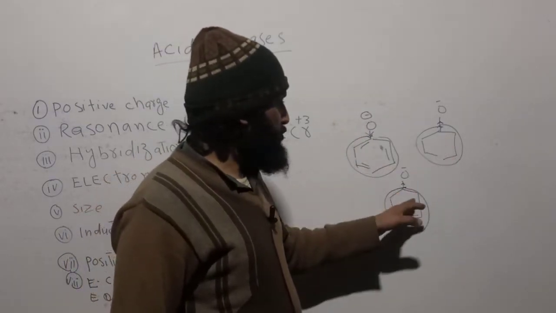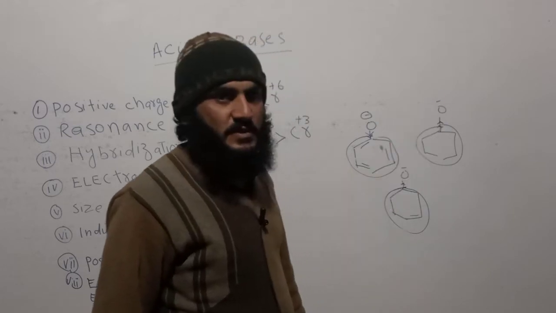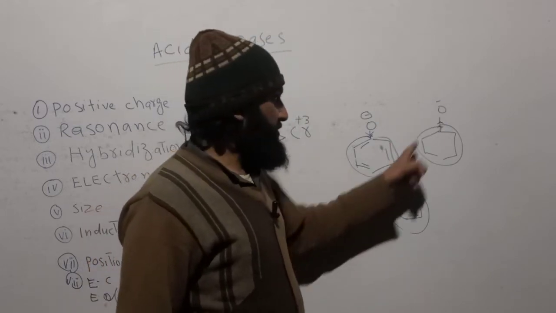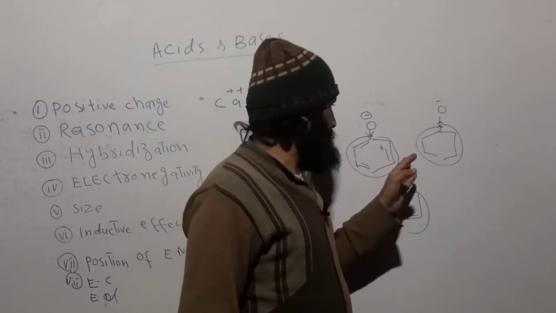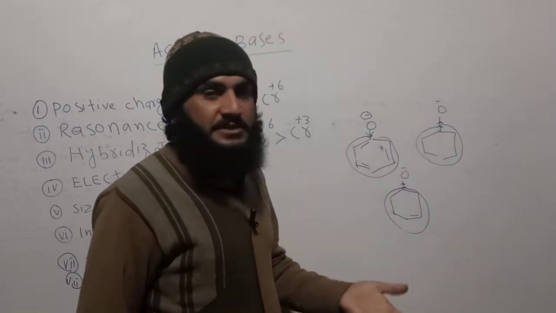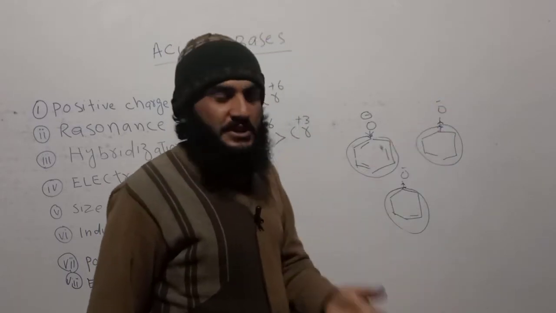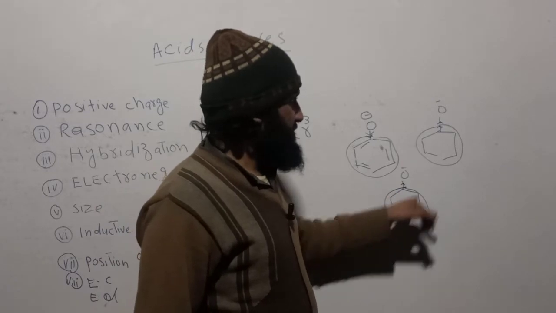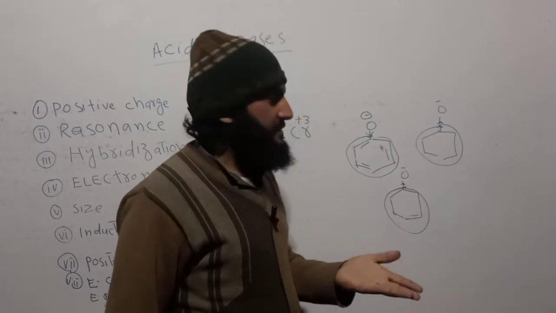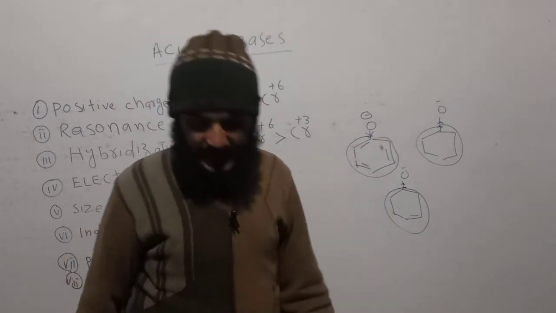So these two rings increase the electron density on oxygen. It means the reactivity and localization of the negative charge on oxygen increase. It means these two structures are more basic in nature as compared to that.